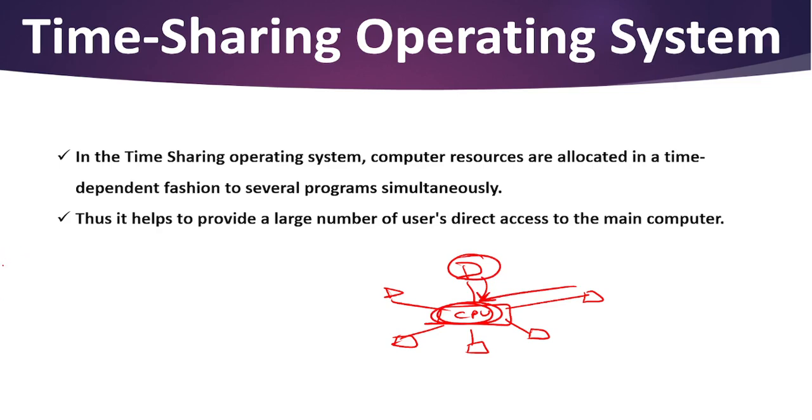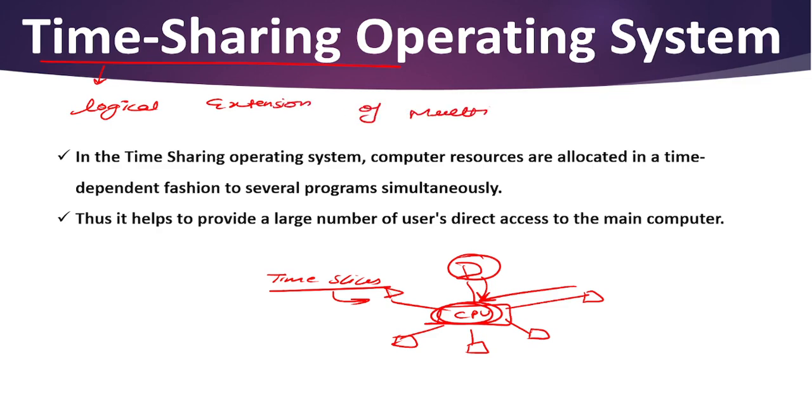Here every computer is given some time slices under which they have to complete their particular task. Also, it is an important statement, please note this: a time sharing operating system is a logical extension of multi-programming. In time sharing, the CPU is switched among multiple programs given by different users on a scheduled basis.